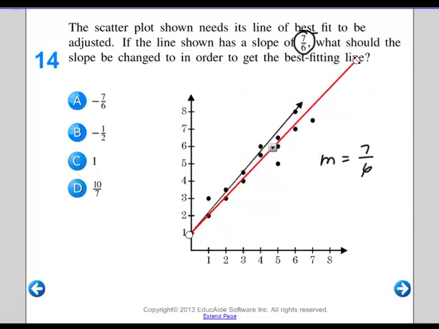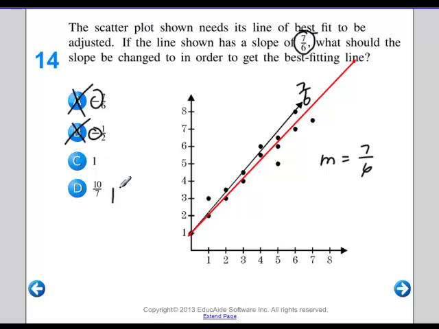So when we did this right there, the slope originally we know is 7/6. I need to make that number smaller. Okay? Well, we know it's not a negative slope, so that's wrong. Again, we know it's not negative, so that's wrong. So I have these two numbers. One of these is 10/7. One of these numbers is smaller than 7/6, and one is larger.